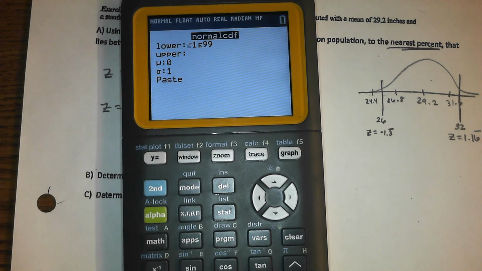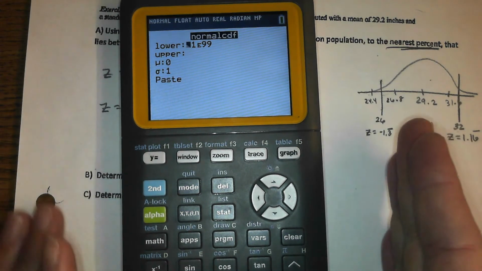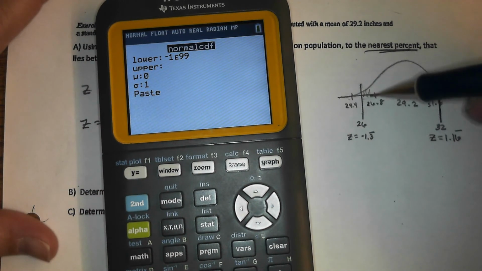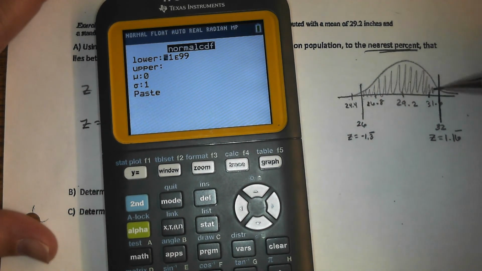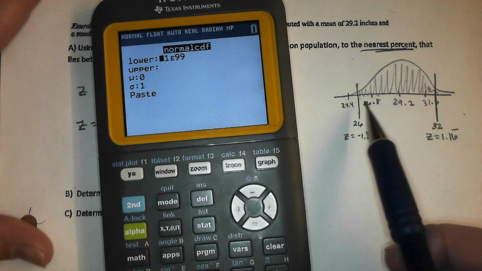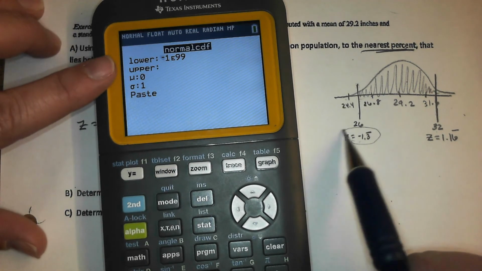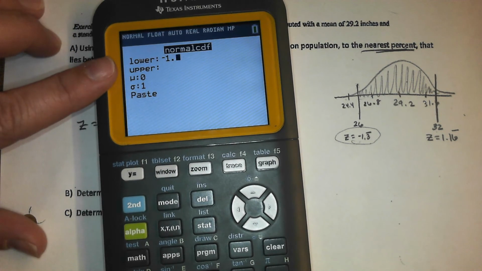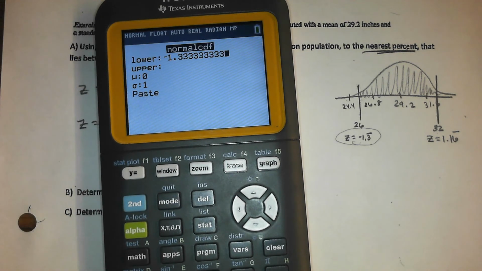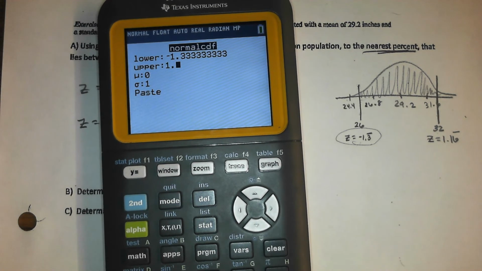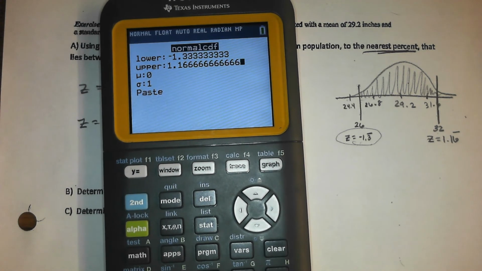What NormCDF allows you to do is plug in, if we're trying to find the percentage between these two levels, this z-score as our lower limit, negative 1.3 and a bunch of 3s. So we want to go from 1.3 repeating z-scores below, and our upper limit, 1.1 and then a bunch of 6s. We want to go up to 1.16 repeating standard deviations above.